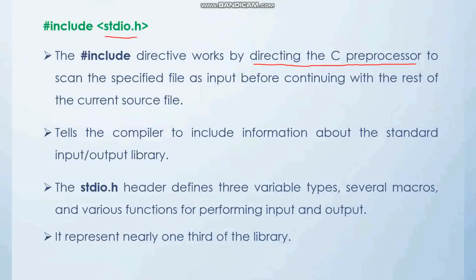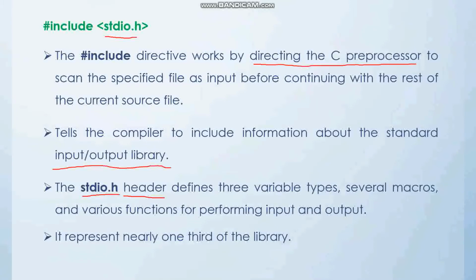This statement tells the compiler to include information about the standard input output library. The stdio.h header defines three variable types, several macros, and various functions for performing input and output.